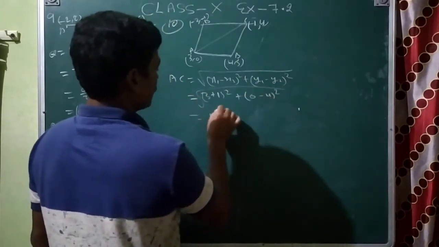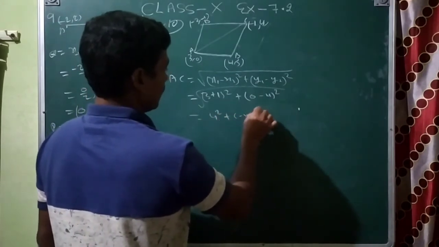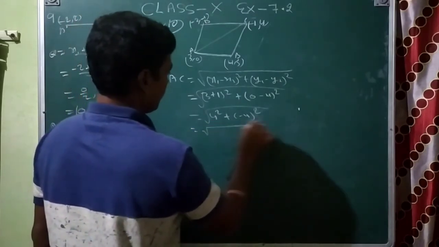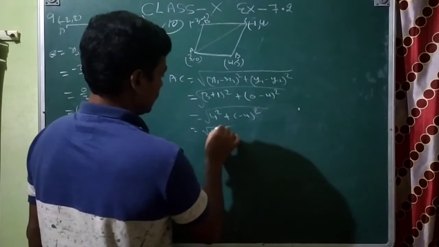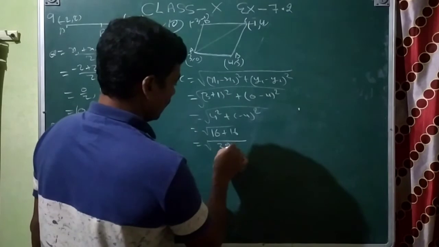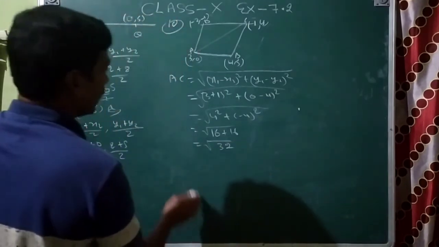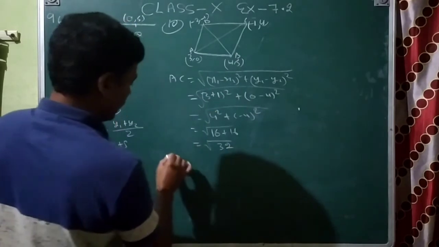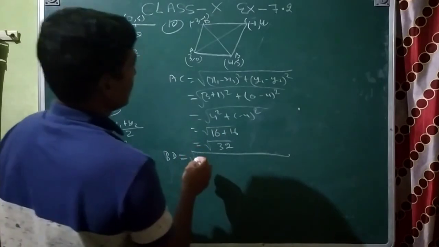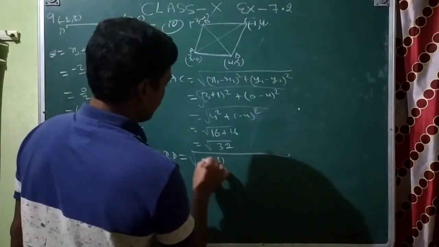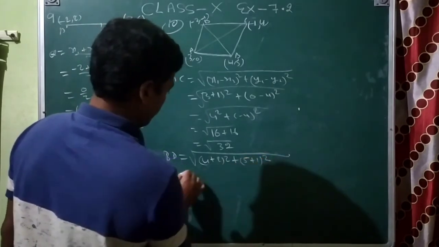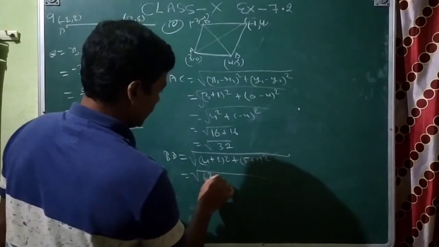So that will be 4 squared plus minus 4 squared, which is 16 plus 16, that is the square root of 32. Again we will find BD, which is the square root of (4 plus 2) whole squared and (5 plus 1) whole squared.